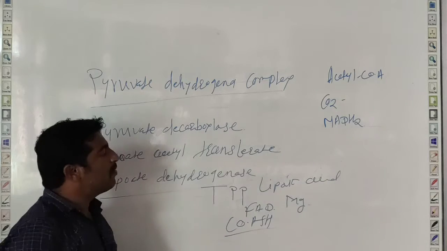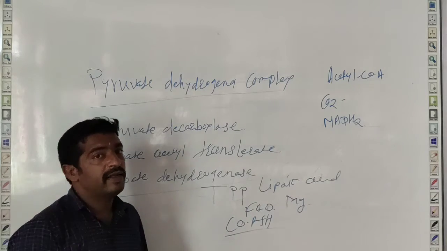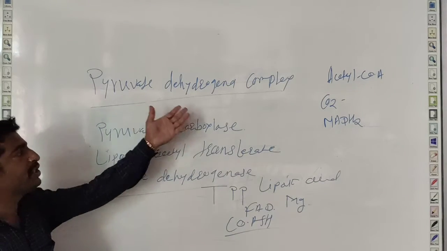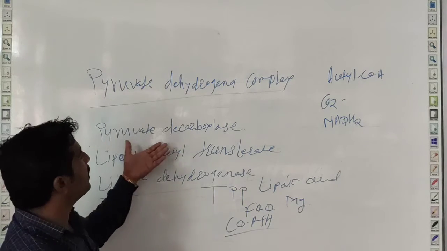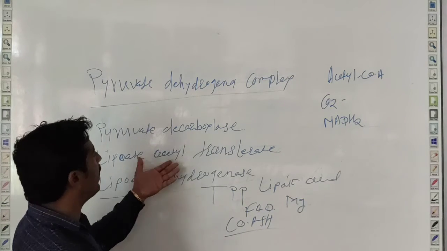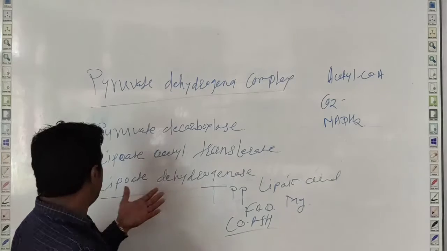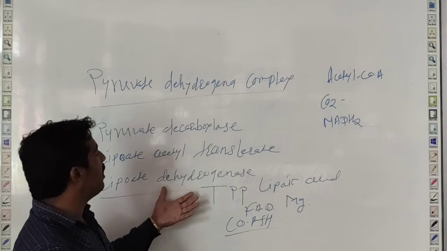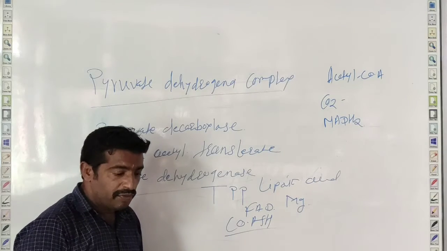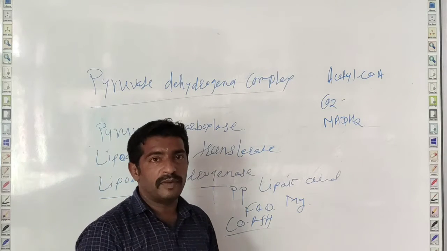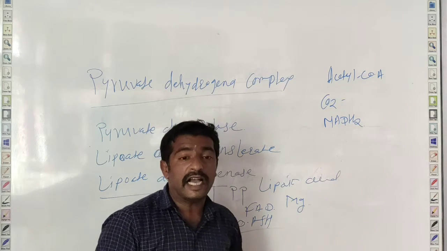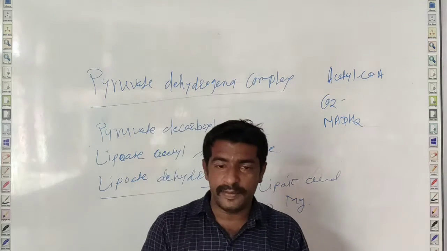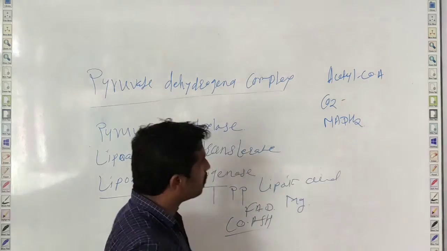So these 5 cofactors are needed for this enzyme complex, which is made up of 3 polypeptide chains. These are pyruvate decarboxylase, lipoate acetyl transferase, and lipoate dehydrogenase. Okay, so we will see the reactions of the second phase of respiration, that is oxidative decarboxylation of the pyruvic acid, one by one.